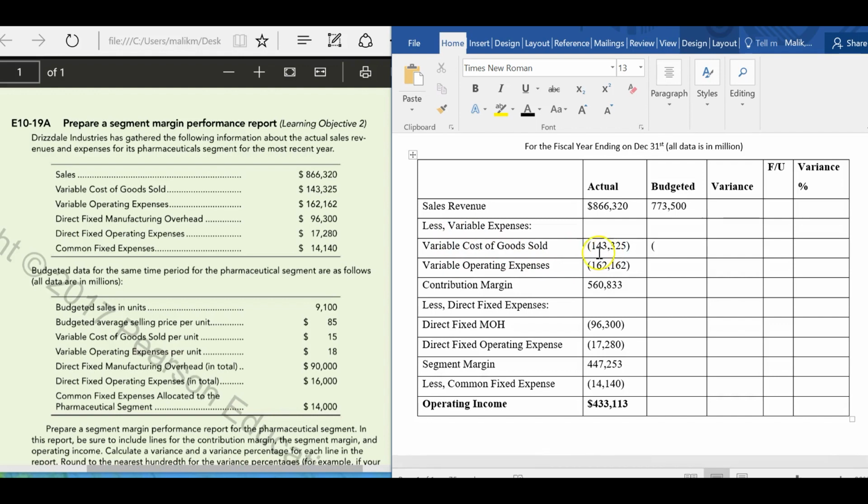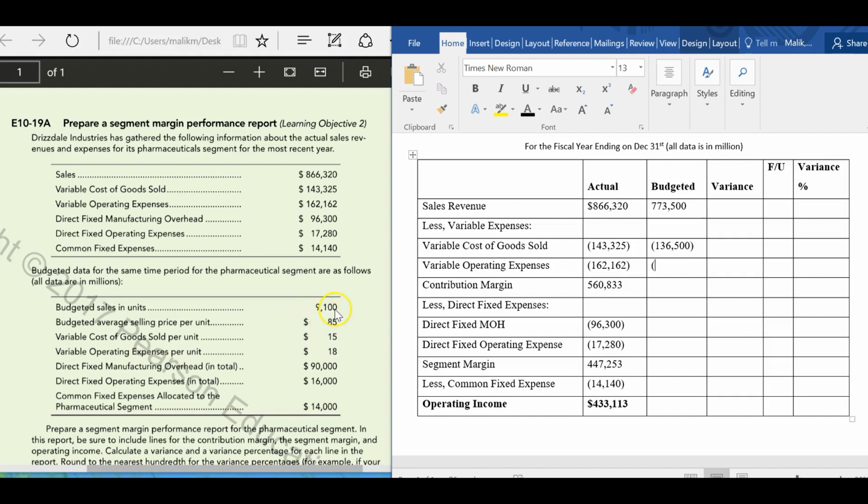Budgeted variable expense, and the first item is the variable cost of goods sold. It says variable cost of goods sold per unit is $15, and we budgeted 9,100 units. So if you multiply 9,100 by 15, what I got is 136,500. Now I will subtract my variable operating expenses. Variable operating expense per unit is given here again, $18, and our total number of units was 9,100.